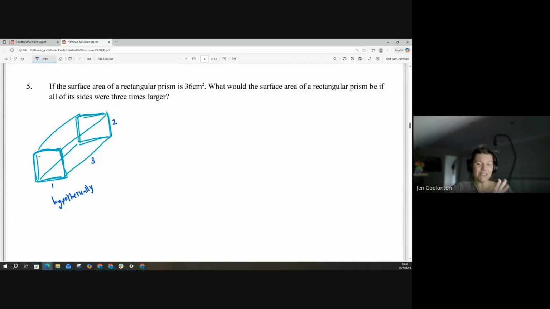The question is saying, what would the surface area of the rectangular prism be, the one that is 36 centimeters squared, if all of its sides were 3 times larger?